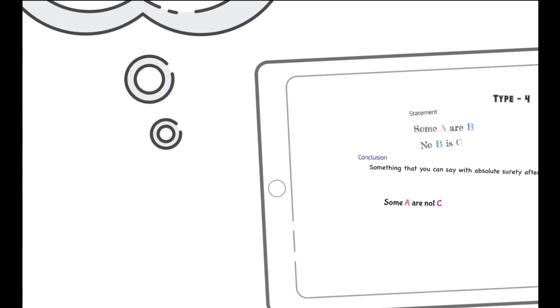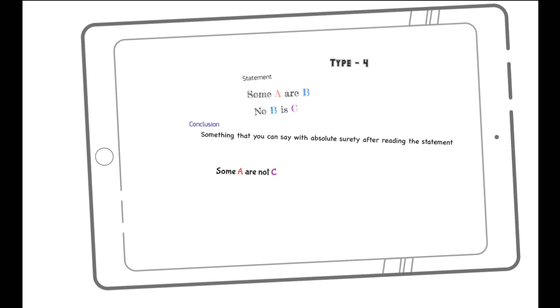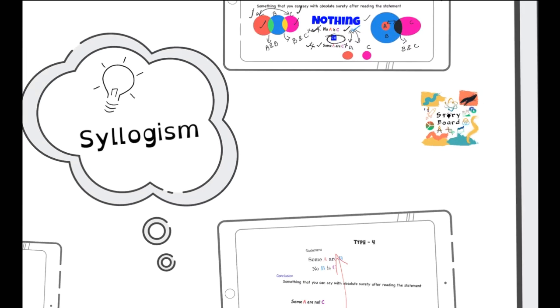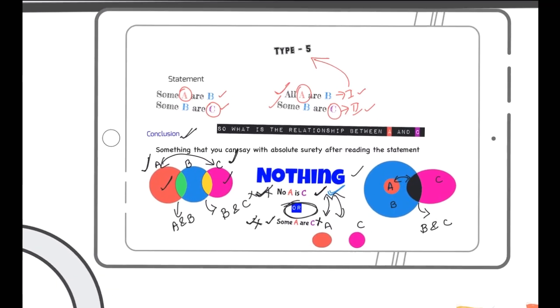We had understood the logic behind this as well. What is my type 4? Where I combine the two types, 2 and 3, to form my 4. Here I get the relationship between A and C. So if I say some A are B and no B is C, then I can definitely say some A are not C. Whenever this not comes in the middle, you have to remember it as type 4. Then eventually we saw our type 5.